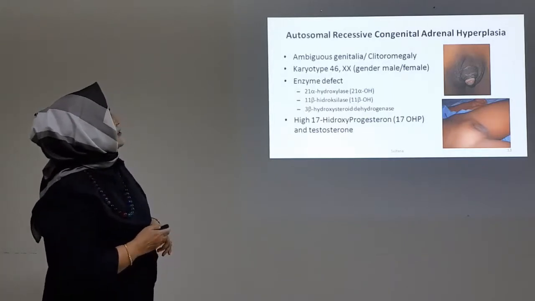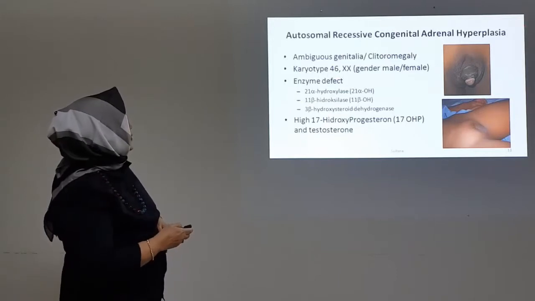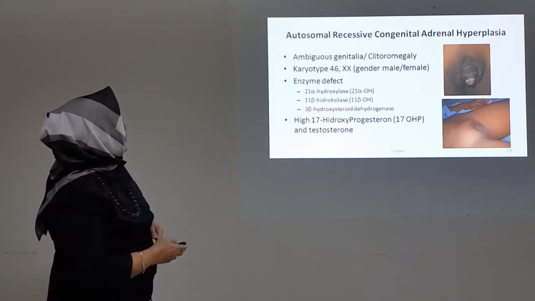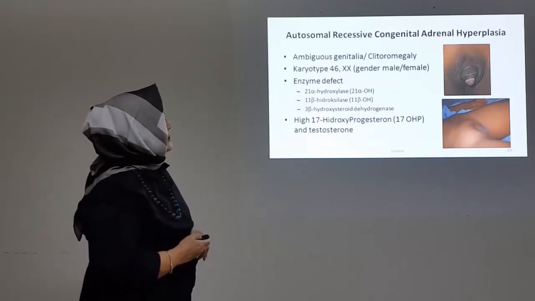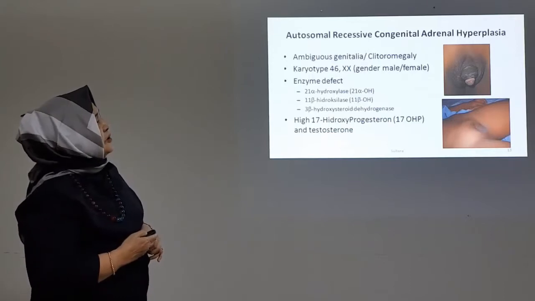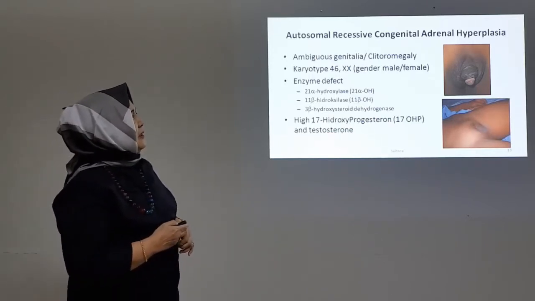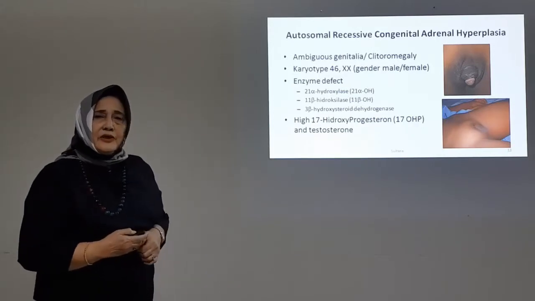This is one example of the autosomal recessive. It's congenital adrenal hyperplasia. Typical for congenital adrenal hyperplasia, the affected one is female. Usually they come to the doctor for medical consultation because they have ambiguous genitalia.